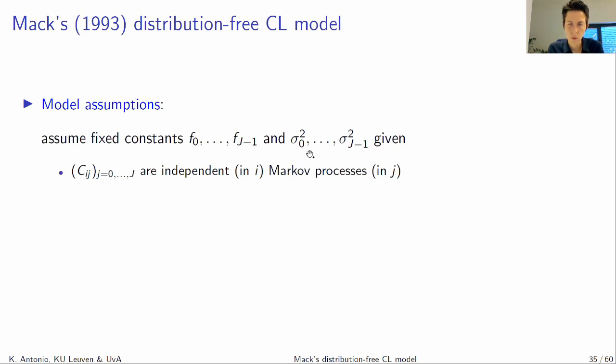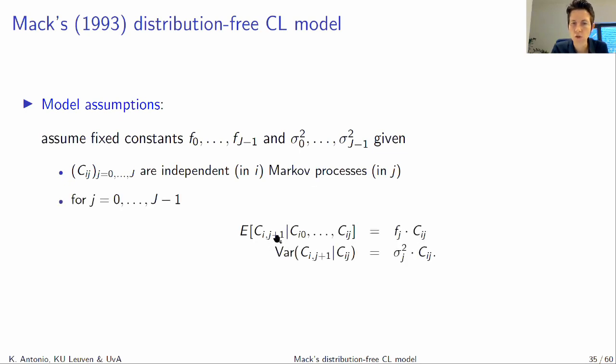What he assumes is that the Cij's are independent in i, so they are independent if you look at different accident years, but they do form a Markov process in the direction of the development year. Because there we said that Cij plus 1 only relies on the past Cij values.